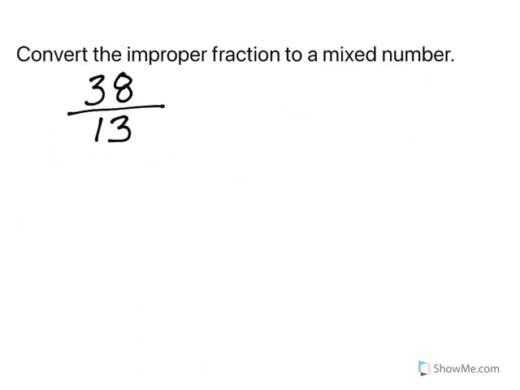Now, going the other direction is very similar. So if we think about 38 over 13, what is the mixed number? Well, we know that we have denominators of 13, and we know that 13 over 13 is equal to 1 whole. So how many 13 out of 13 can you pull out of this?